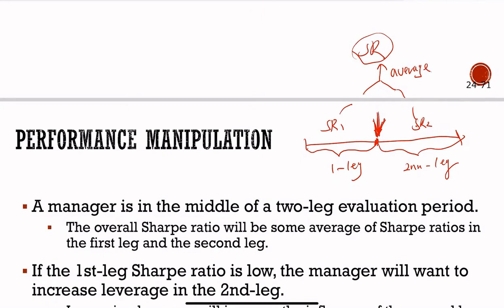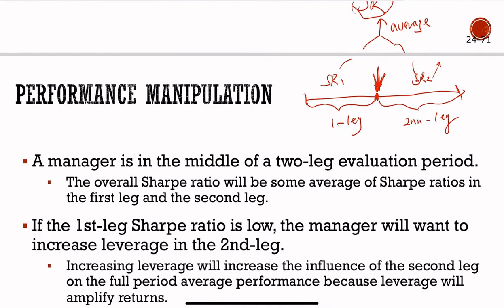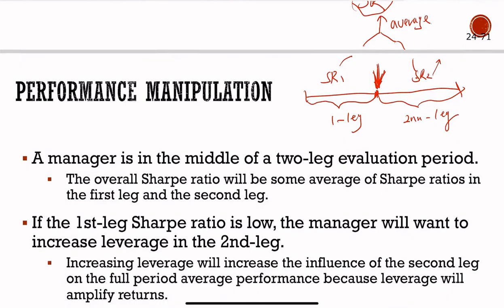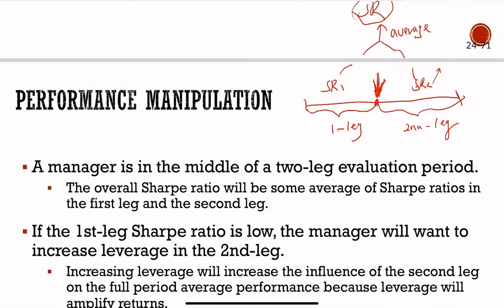Well, obviously, if you want to increase your overall Sharpe ratio, then you have to increase this second leg Sharpe ratio. So how can the manager do this? Well, the manager will have the incentive to increase the leverage in the second leg. The reason is, if the manager increases the leverage, then the influence of the second leg performance will be larger.